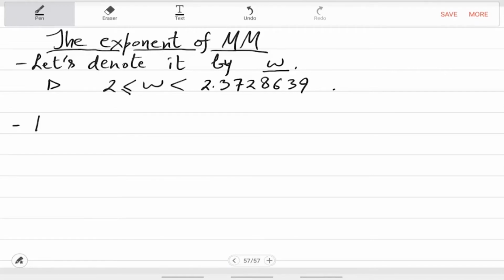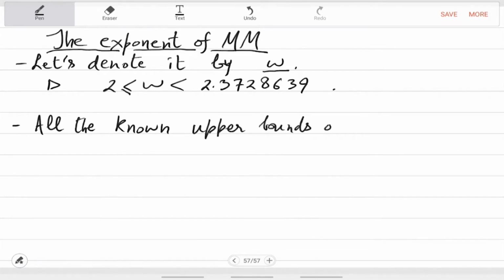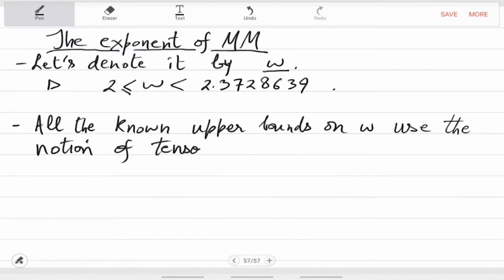So all the known upper bounds on omega use something called tensor rank. Okay, that's the algebraic concept which we want to now introduce.